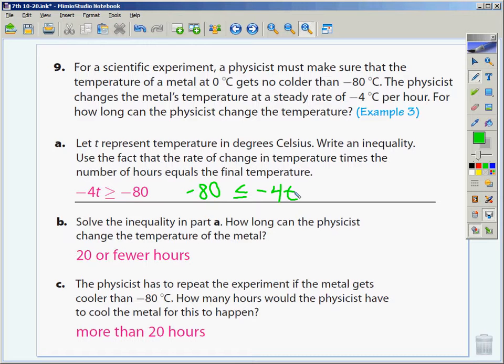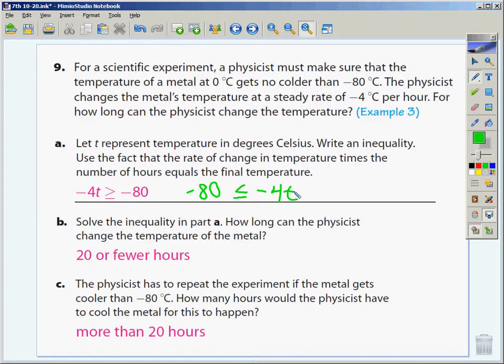For a scientific experiment, a physicist must make sure that the temperature of the metal at 0 degrees gets no colder than a negative 80. Can it be a negative 80? No. It says it gets no colder than a negative 80. Can it be equal to a negative 80? Yes.